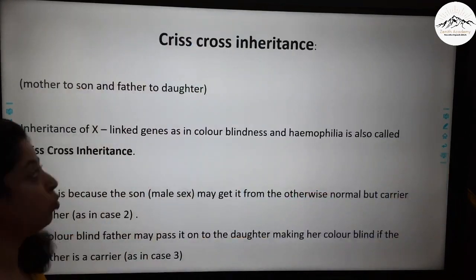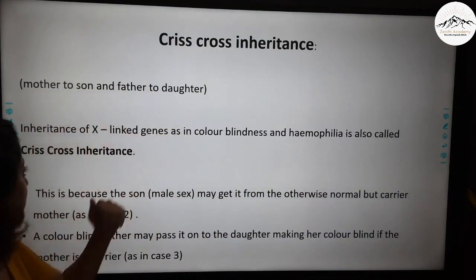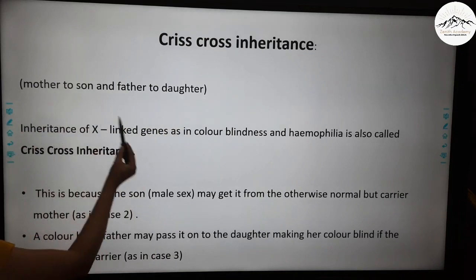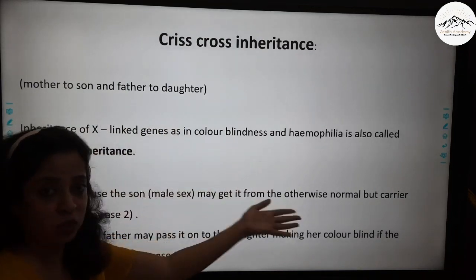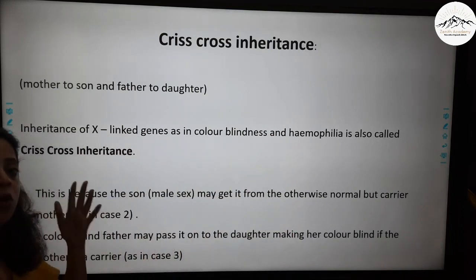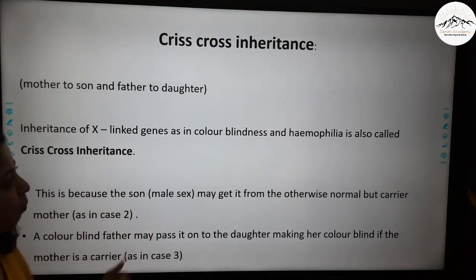So I already told you about crisscross inheritance, that is mother to son and father to daughter. So inheritance of X-linked genes, as in color blindness and hemophilia. Whatever we did right now goes true for hemophilia also. The same diagram you have to draw.